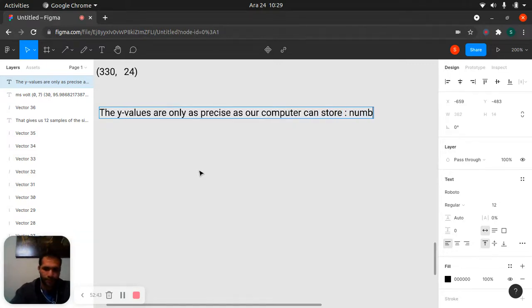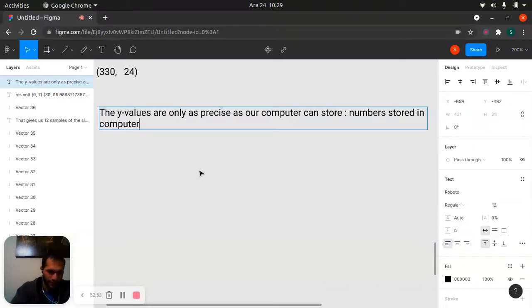Numbers stored in computers aren't infinitely precise and maybe round off.